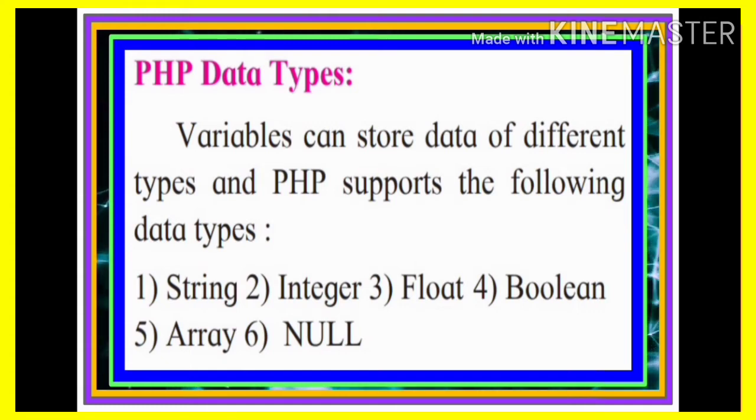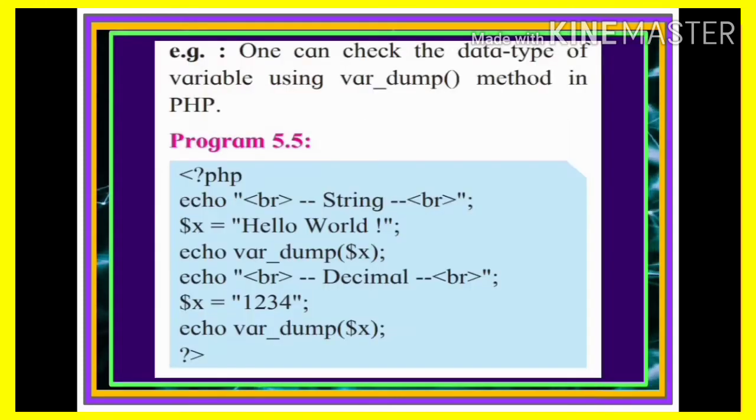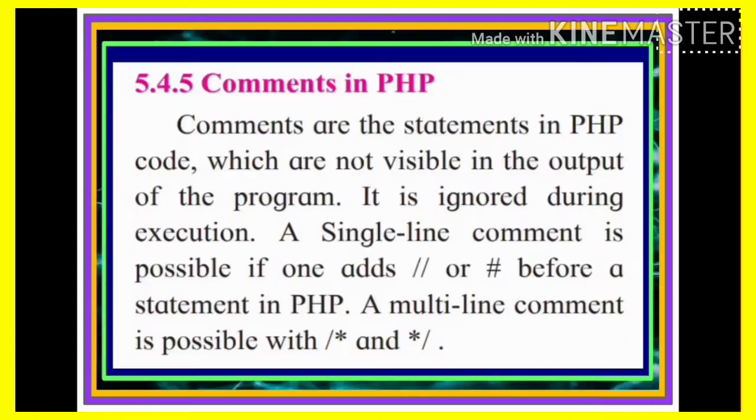Variables can store data of different types, and PHP supports 6 data types, that is string, integer, float, boolean, array and null. One can check the data type of a variable using the var_dump method in PHP.